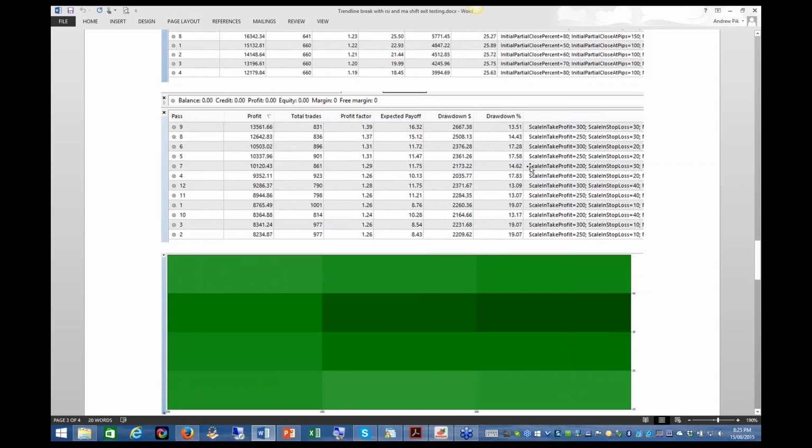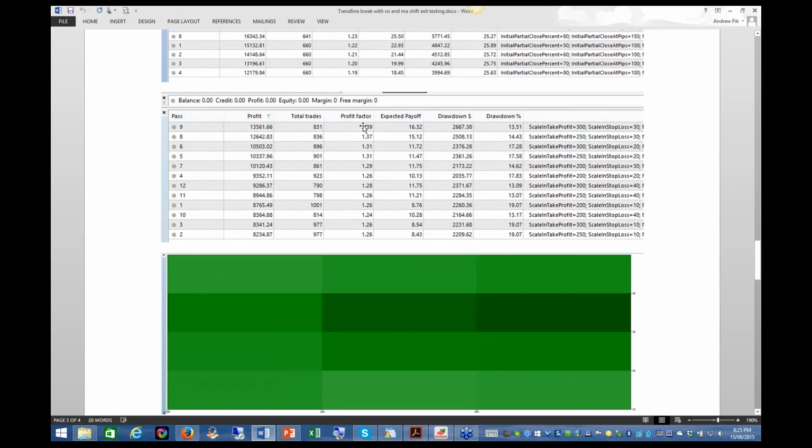Now, what I mean by robustness is that in this particular instance, what I was looking for was what scale-ins I could take and what settings I should take. We can see where I am here. So I did a total of 12 different runs. The maximum profit was 13,000, minimum was 8,000.